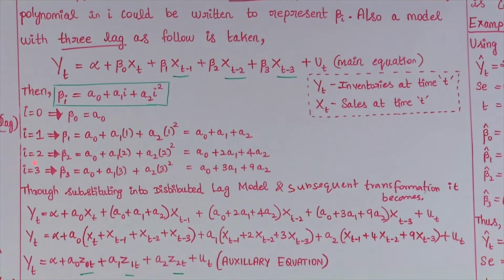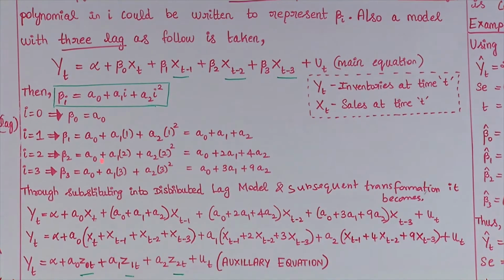Similarly, substituting i equal to 2, beta 2 is equal to a0 plus a1 into 2 plus a2 into 2 square, which is a0 plus 2a1 plus 4a2.